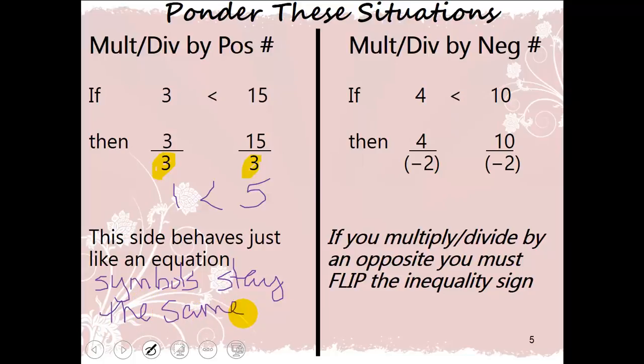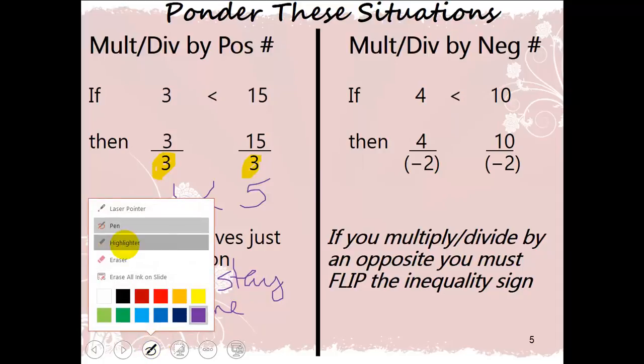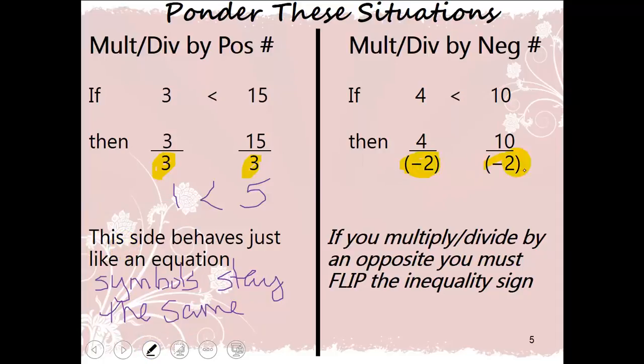If I divide by a negative number, in this case -2 and -2, when I simplify this, I get -2 and -5. Well, we already determined that -2 is bigger than -5. Look what has to happen. We have to flip the inequality symbol, right? So when you multiply through by a negative, opposite means negative, you have to flip the direction of the inequality sign.